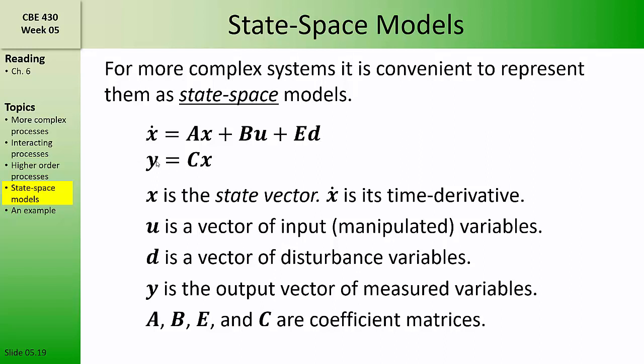The vector y is the output vector of measured variables, which can be computed from the vector of state variables. The matrices A, B, E, and C are coefficient matrices.